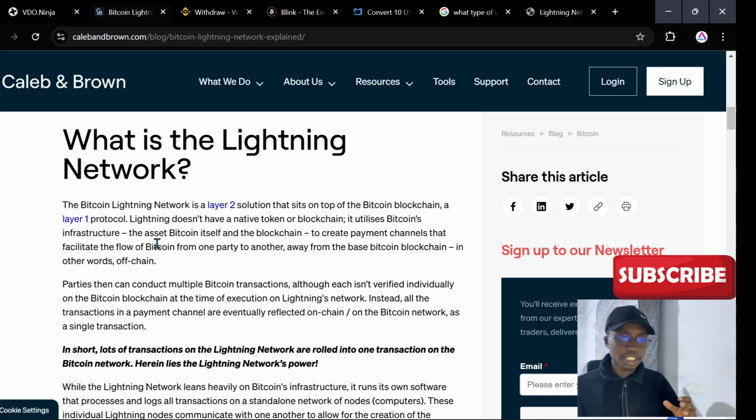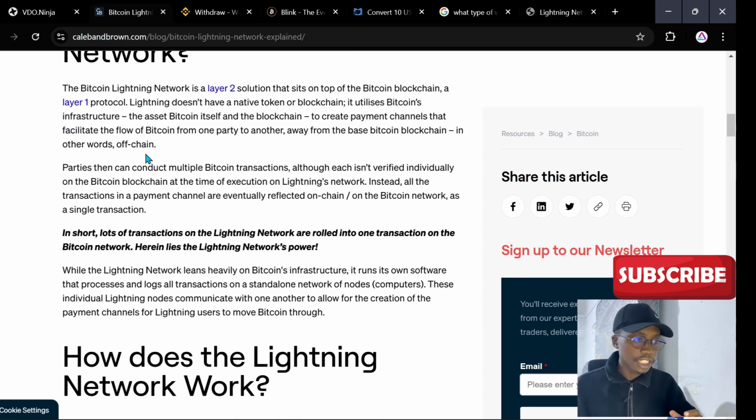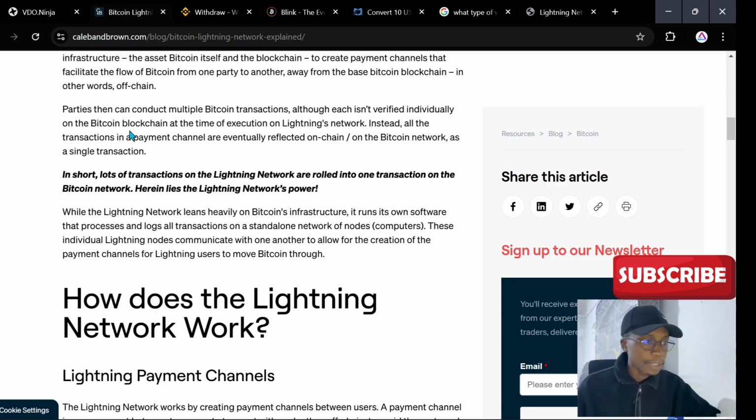It enables transactions from one party to another using Bitcoin itself, but it does not use the Bitcoin blockchain itself. In other words, it is done off-chain, because the Bitcoin blockchain is quite slow and quite expensive, as we have seen. So the parties conduct multiple Bitcoin transactions, although each isn't verified individually on the Bitcoin blockchain, because it is done off-chain here.